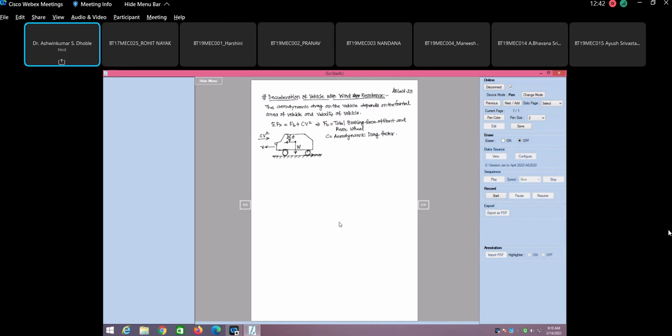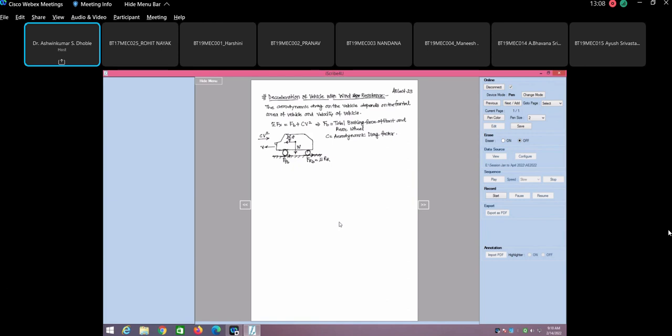So this is your rear braking force. You can say that this is mu into RR, the reaction at the rear wheel, and this is the braking force at the front wheel.